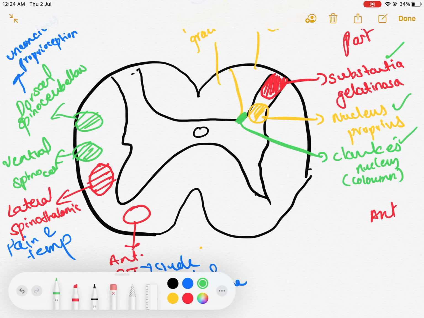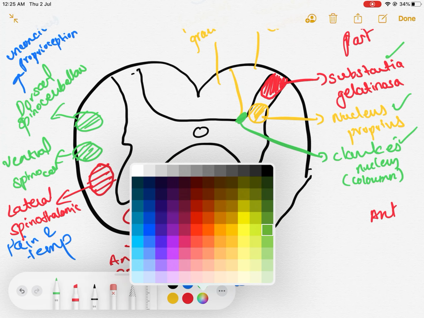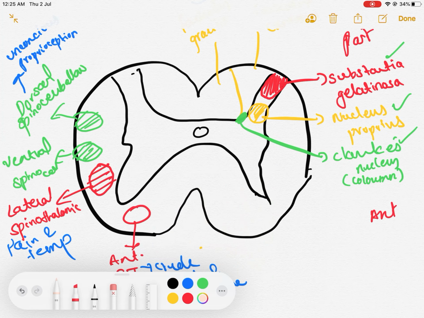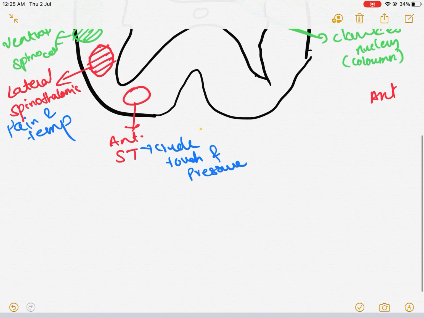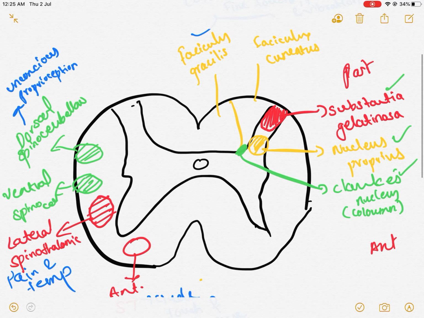Okay, the next thing, we'll use a different color for this. So this is the dorsal horn. Sorry. Okay, this is the dorsal horn, this is the anterior horn. Here there is one intermediate horn where there are neurons.